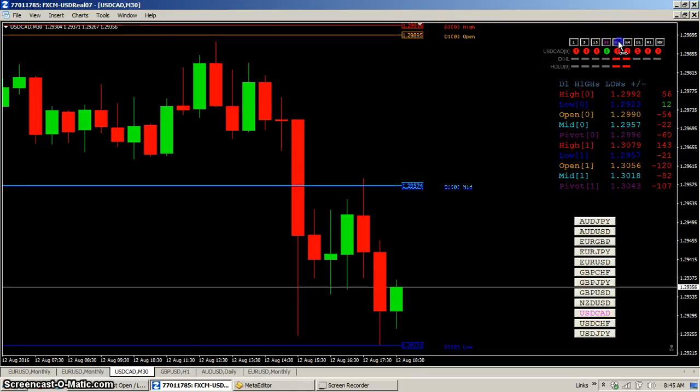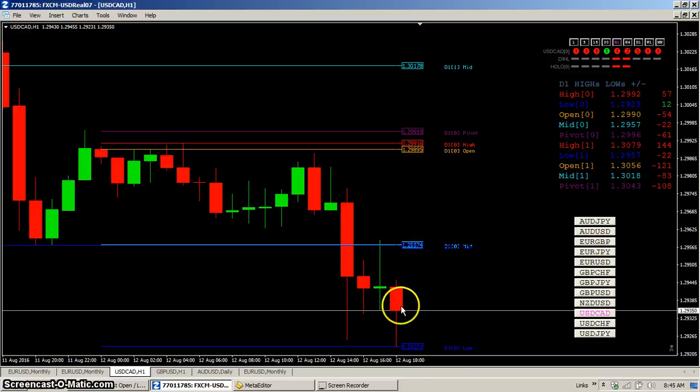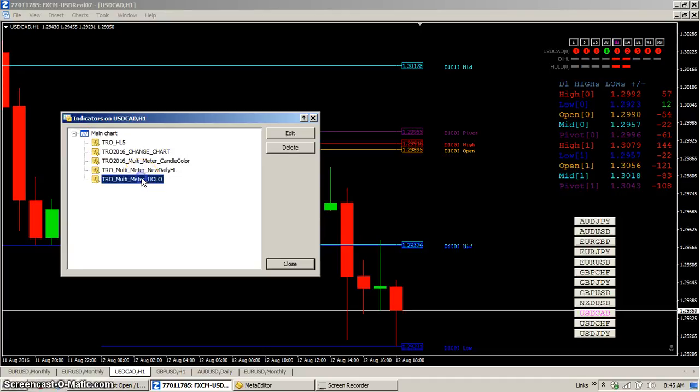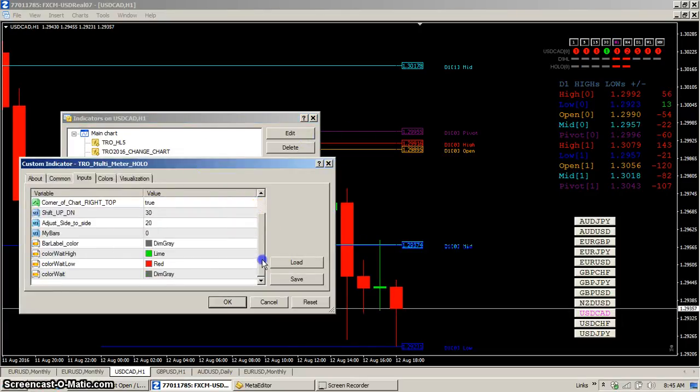So here, H1, it's red because it's below the line. But the indicator colors can be switched. So if you want to switch them, you just come over here and change the weight high and the weight low colors. So I'm waiting down here in the low zone. That's why it's red.